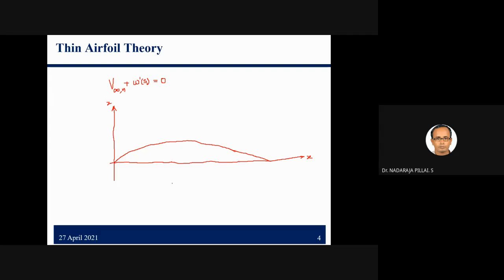And I consider any point. So I say this is V infinity, and hence this becomes the angle of attack alpha, right? V infinity, and so this is a camber line. So we write z equal to z of x, right?